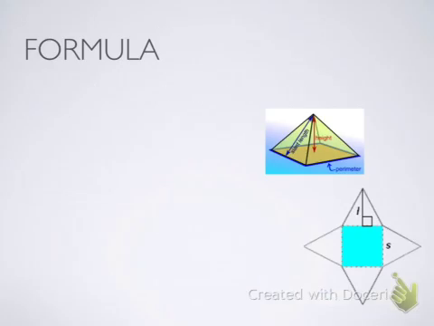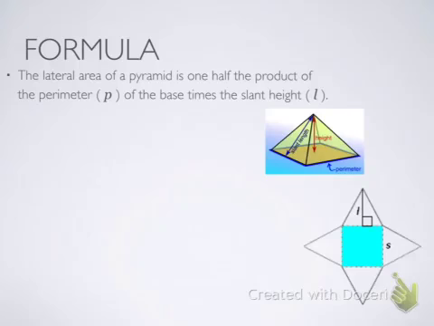I want to go on and talk about the formulas. As promised, I told you that we're going to see some differences because of the fact that we only have one base and because of the fact that we have triangular sides. So in order to find the lateral area of the pyramid, it's going to be similar to finding that of the prism.